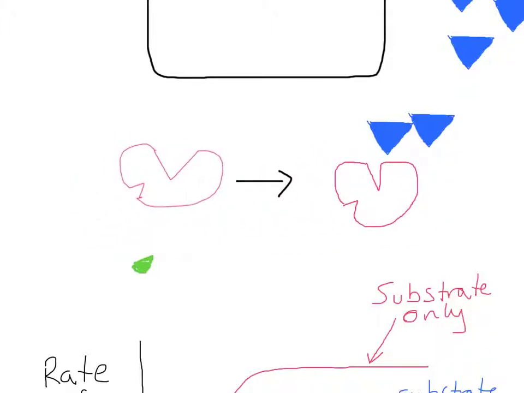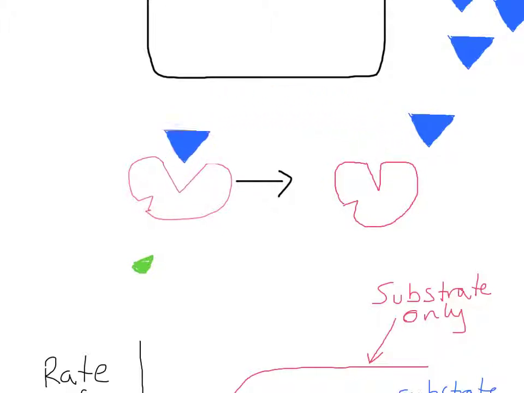Here I have an enzyme with its active site, which normally can bind to a substrate molecule. However, if we have an inhibitor molecule that binds to this like that, what it does is it changes the shape of the active site, which means that our substrate can't fit in there.